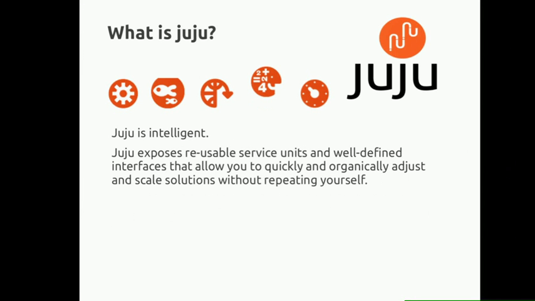The way Juju works is that it's going to be exposing reusable units that you're going to be able to reuse time and time over. There is nothing in the charm definition that ties it to a particular deployment. Every connection is made so that the connection between two services is loosely coupled.